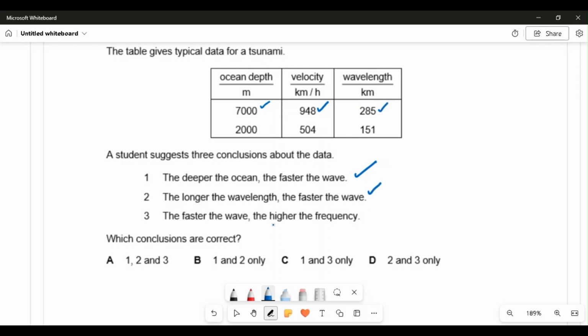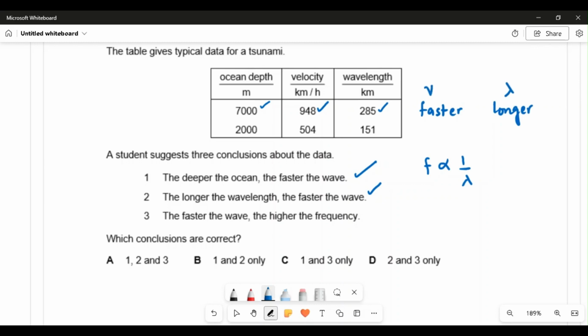Also, it is true. Faster the wave, like in the first case, 948, the higher the frequency. Here we need to remember wavelength and frequency are inversely proportional. It shows that if we have more wavelength, less frequency. So you can see when wave is faster, wavelength is longer.